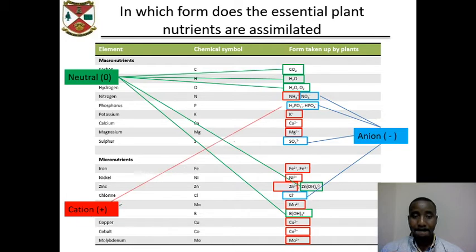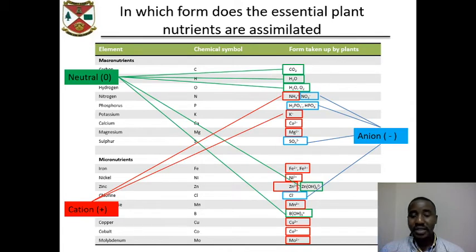Okay? So some plants prefer ammonium for nitrogen. So nitrogen can be assimilated by plants as ammonium, okay, and potassium can be taken up by plants as potassium cation.